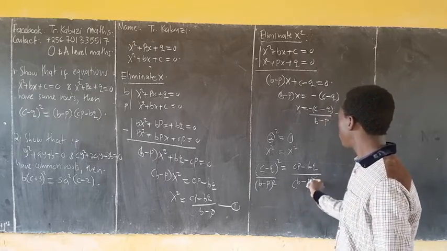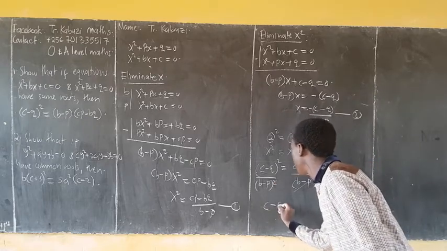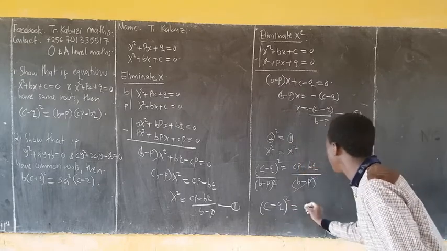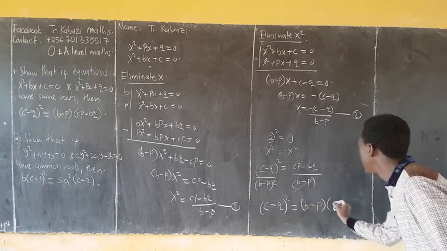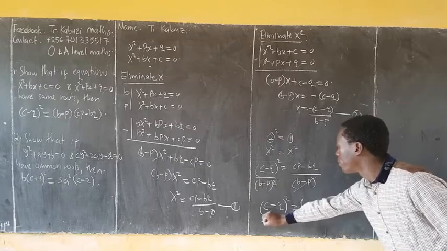So it's that this b minus p squared cancels with that. So now my c minus q, the whole squared, is going to be, when I multiply this side, b minus p, then cp minus bq, and the proof is done.